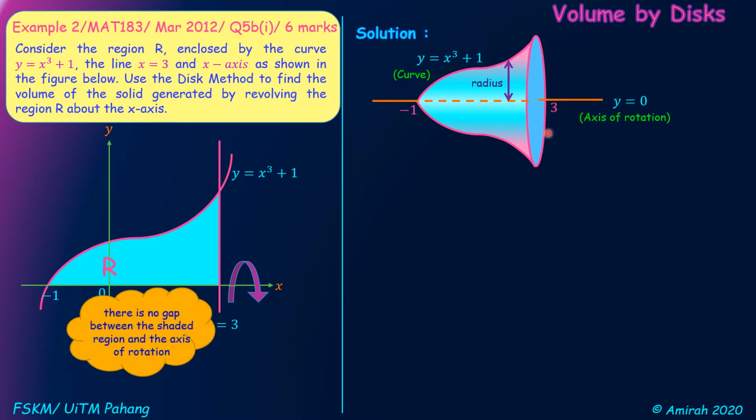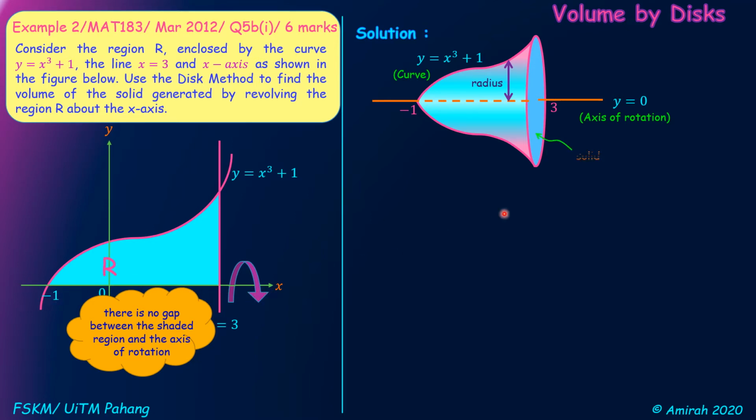From the given diagram, there is no gap between the shaded region and the axis of rotation. This is the rotation symbol. Since there is no gap, we will get a solid object. To find the radius, we can use the modulus, because the radius means the distance between the curve and the axis of rotation.